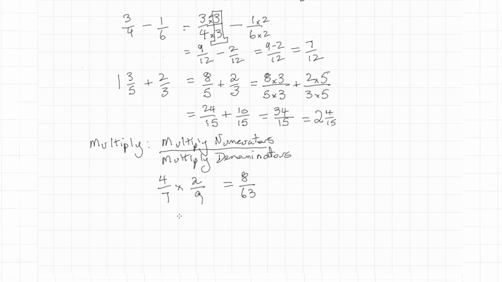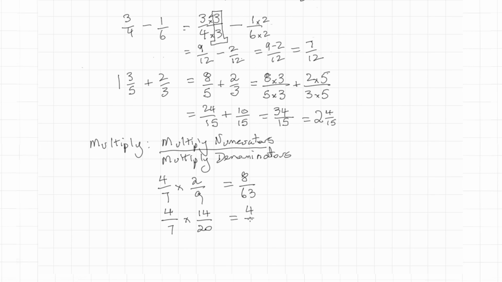If we had, say, 4 over 7 times 14 over 20, we could multiply out, or we could do what's called cancelling.